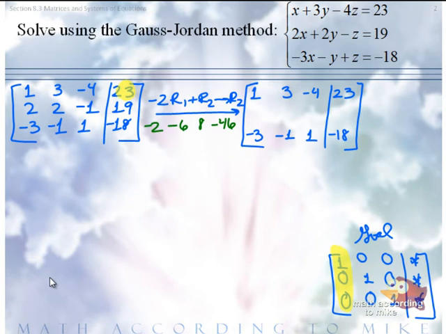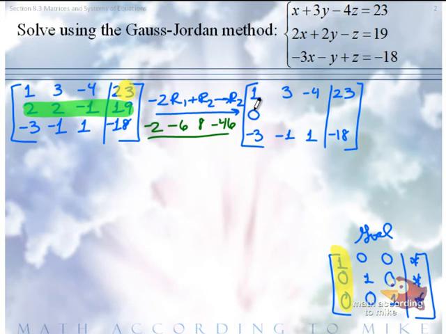So now you're going to take these 4 numbers, which is negative 2 times the first row, and add it to these 4 numbers. And this will become the new second row. So negative 2 and positive 2 makes 0.